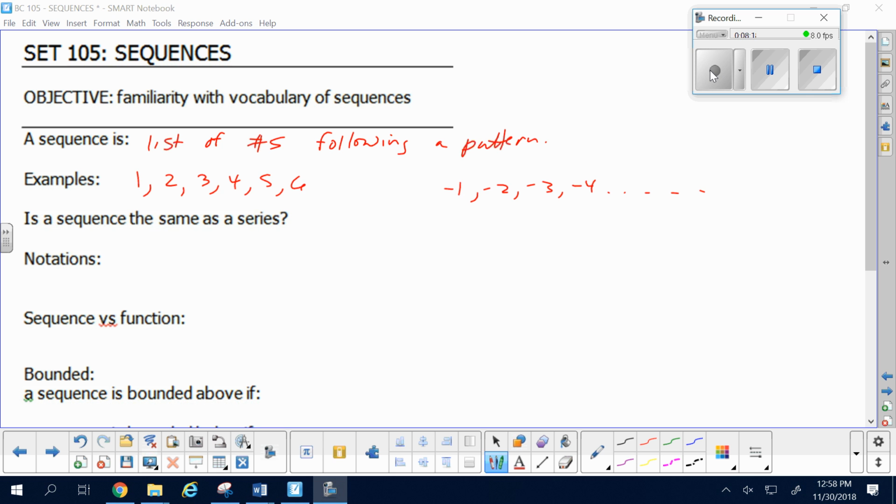Following a pattern. Is a sequence the same as a series? Do you remember what a series is? Okay. Now multiply. Good try. Try again. A series is to add. Let's just say the sum of a sequence.